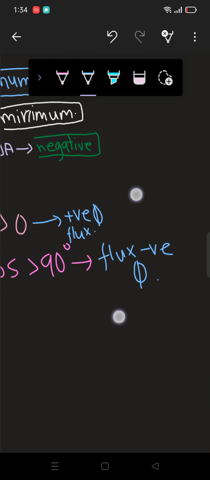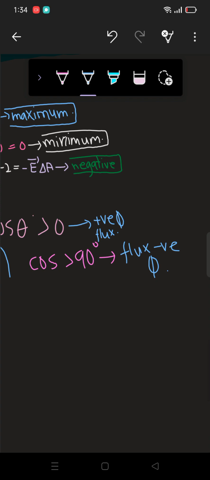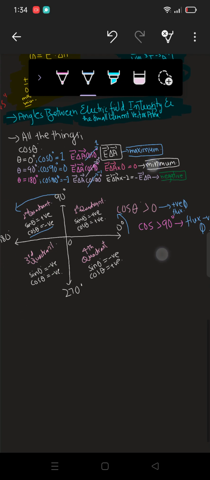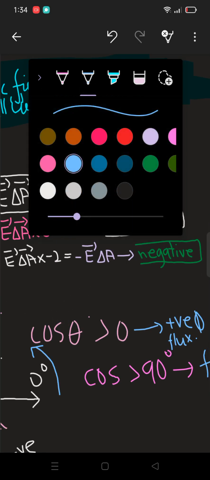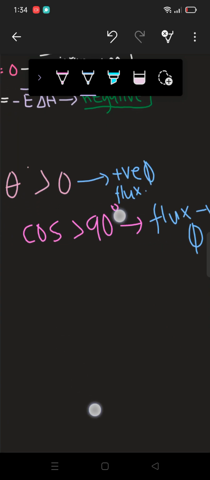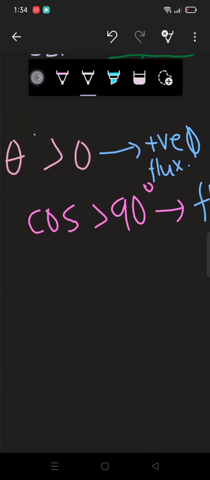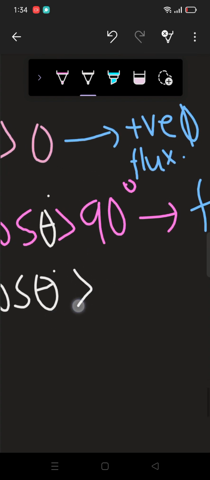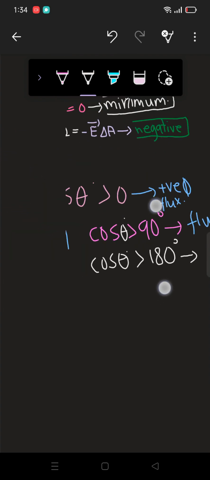if your angle between the electric field intensity and the small element of vector area is greater than 90. Now what if your angle is greater than 180, then what will be the effect on the flux? Let's see.